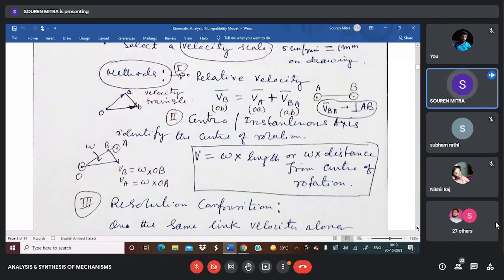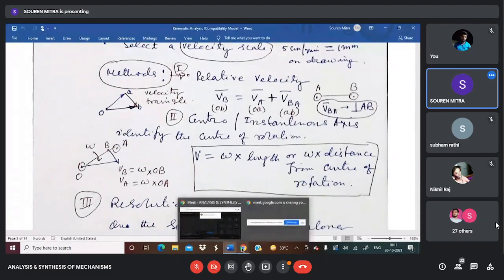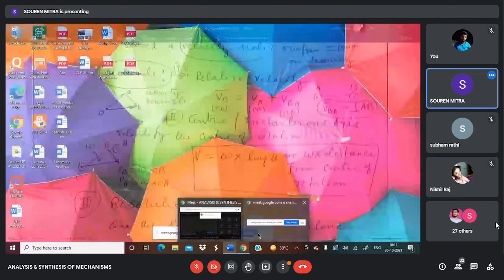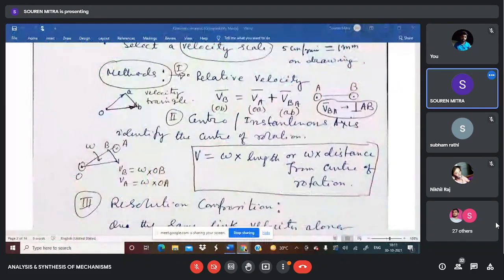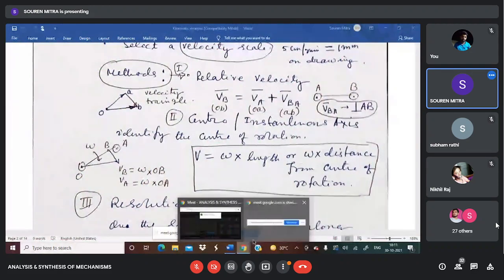Do you have any idea about this relative velocity method? Any idea about this? How it is done through relative velocity method?